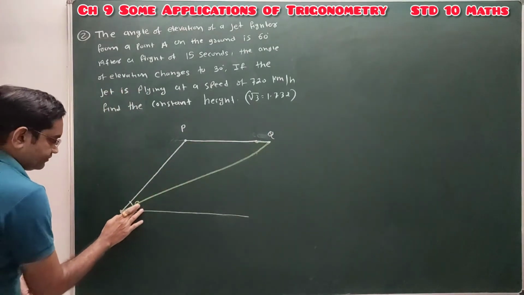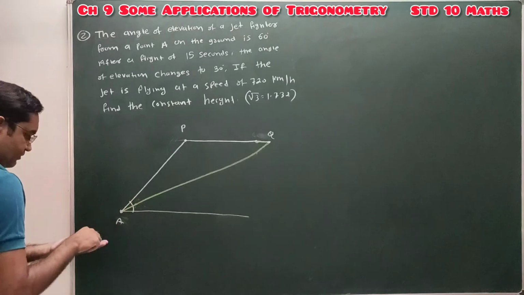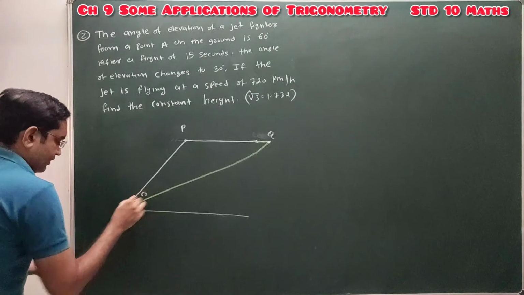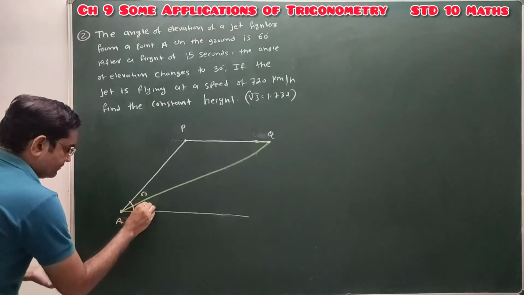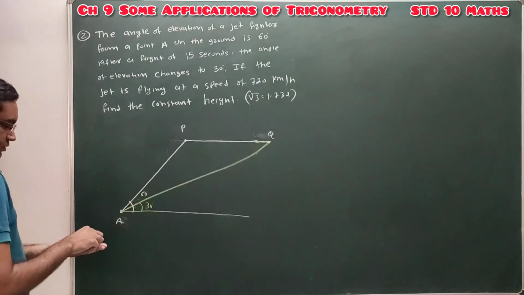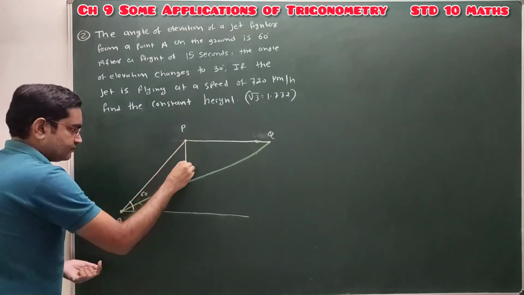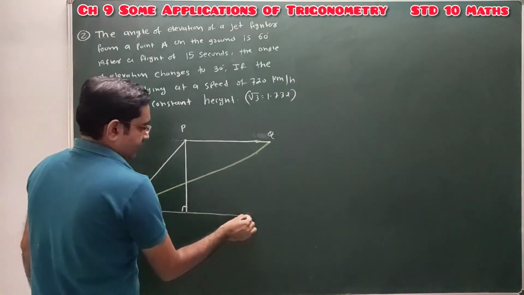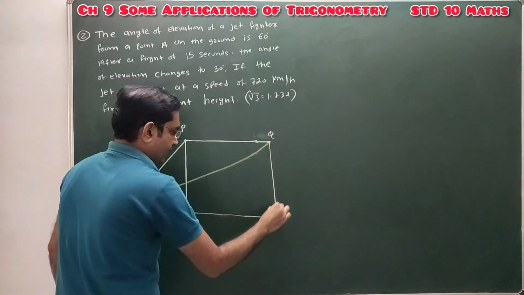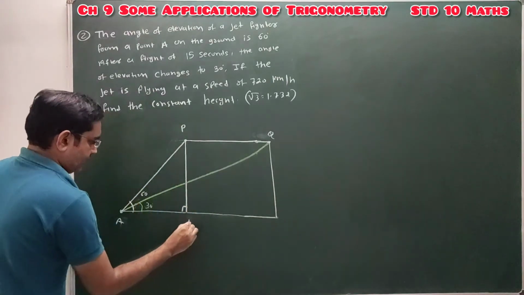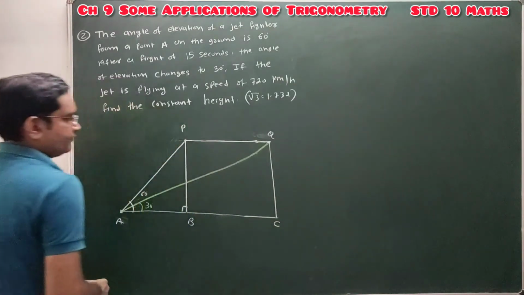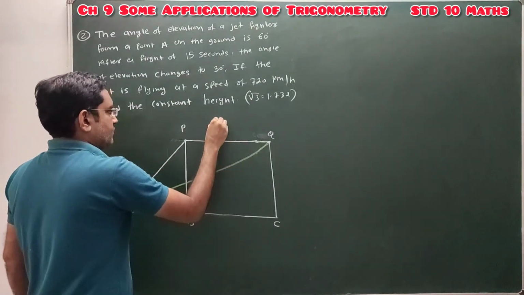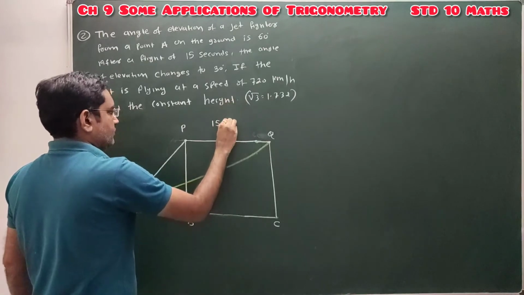So here this angle of elevation is 60 degree and this one is 30 degree. This is the initial position of the fighter plane. This is the height of the fighter plane, and this is the second case. After 15 seconds it will reach this point. Suppose this is point B and this is point C. Done. And this is the distance covered in 15 seconds.